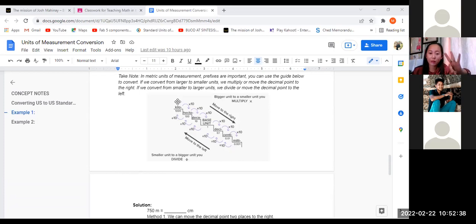Going to meter, because that's our base unit, 3. And then decimeter, so it should be 4. So we will move the decimal point 4 times. 1, 2, 3, 4. Or just simply add 4 zeros. Okay? So what's the final answer now?